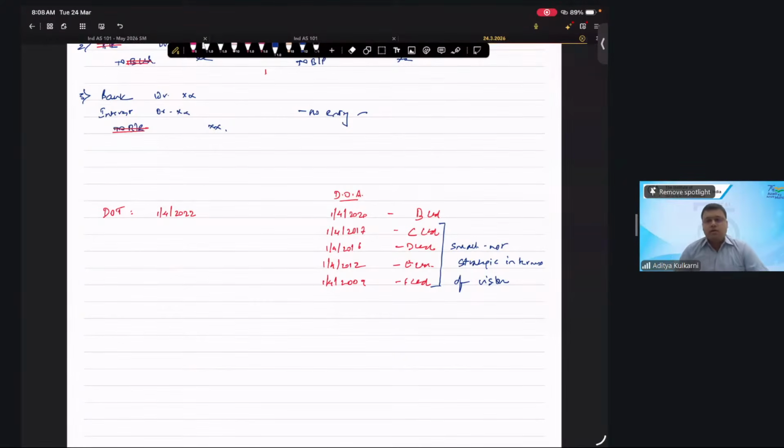So what would you want to do? What would you want to do? You can say that they have already been accounted under accounting standard. So you can say, I will assume deemed date of acquisition to be 1/4/2019.